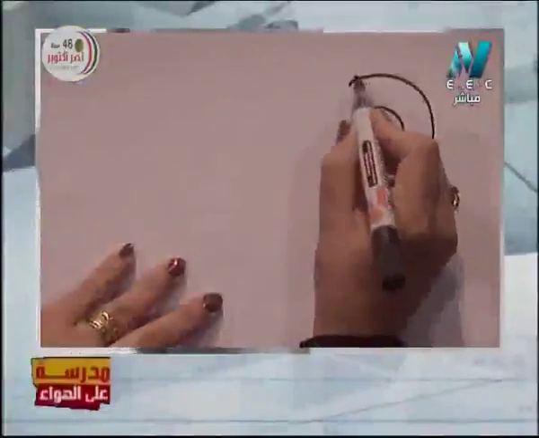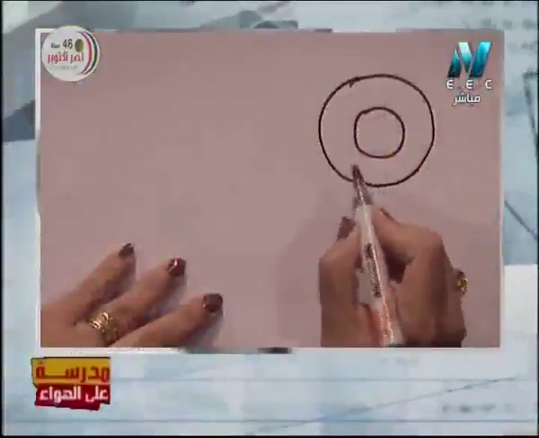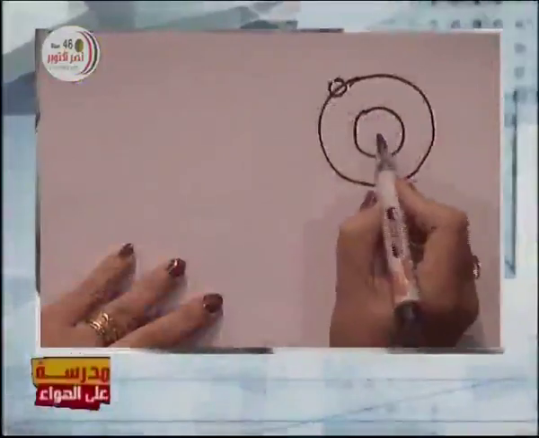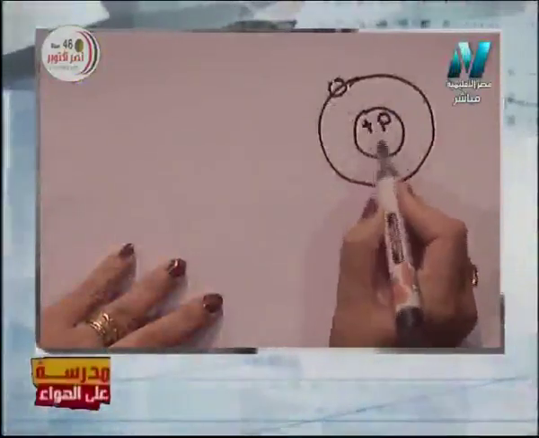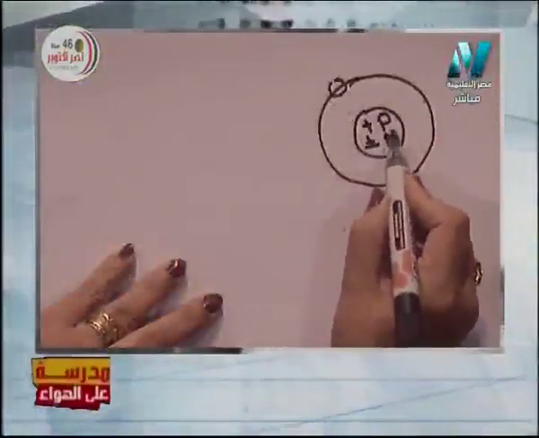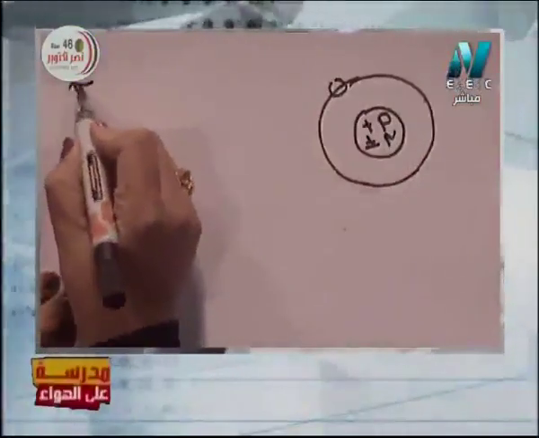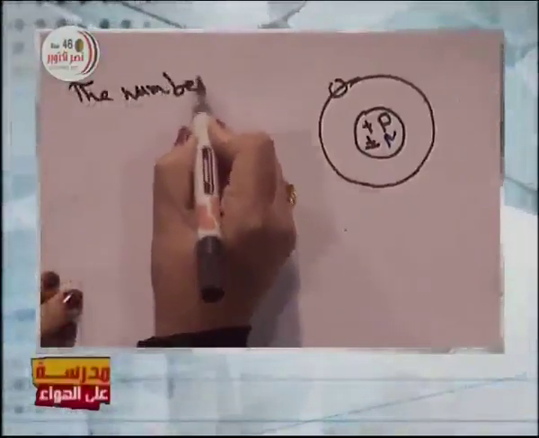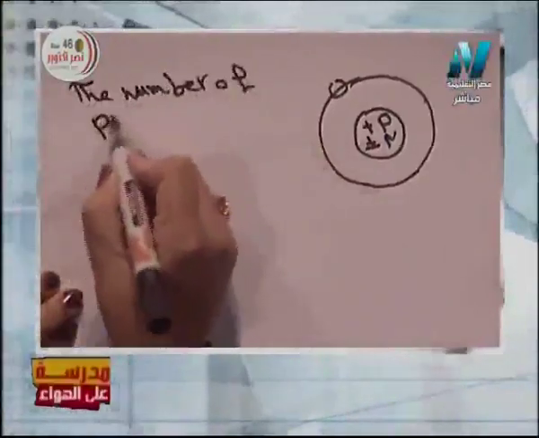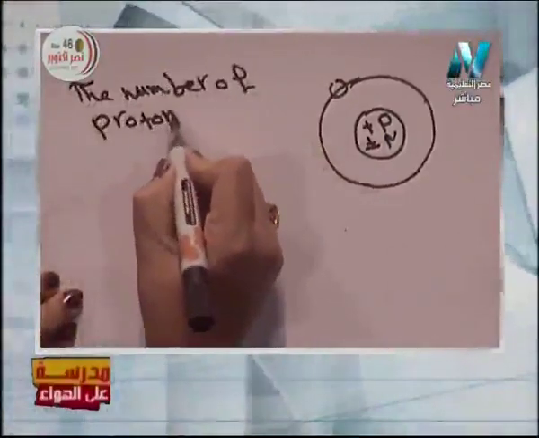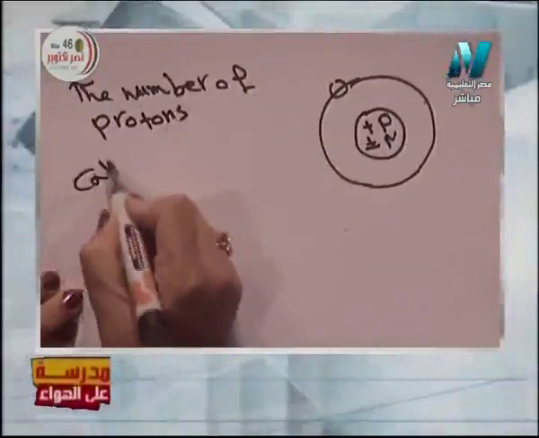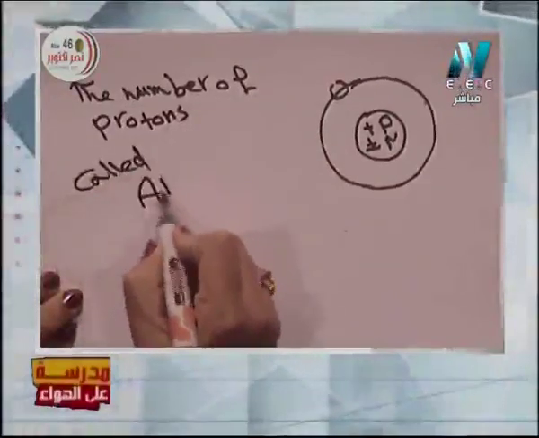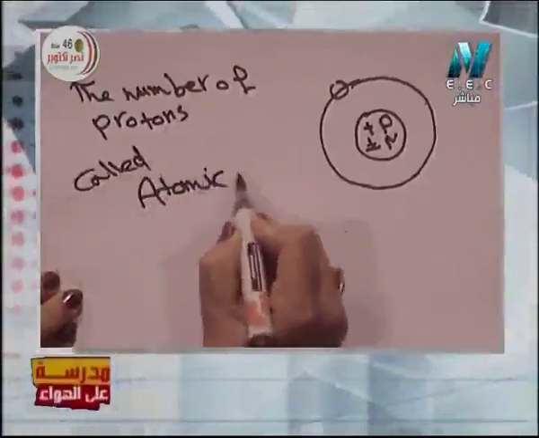Okay? I have here the nucleus of atom, and these are the electrons revolve around it. Nucleus contain positive protons and neutral neutrons. We say here the number of protons called atomic number.